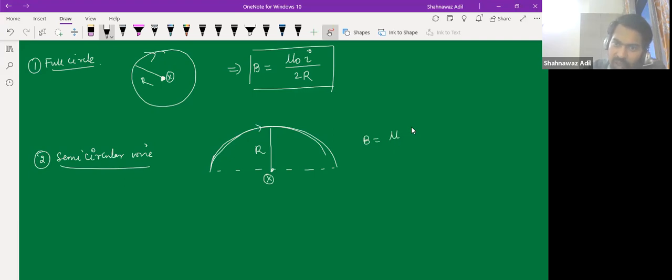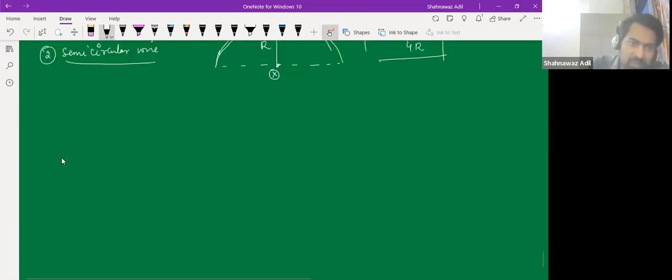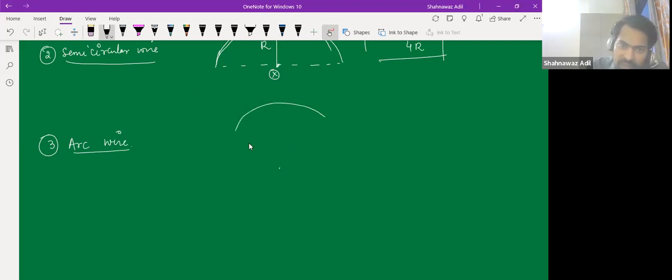Mu naught I by 4R. That is the magnetic field. And for the case of an arc wire, right? For the case of an arc wire, what is the magnetic field? So let's say this is the arc, right? This is the center.